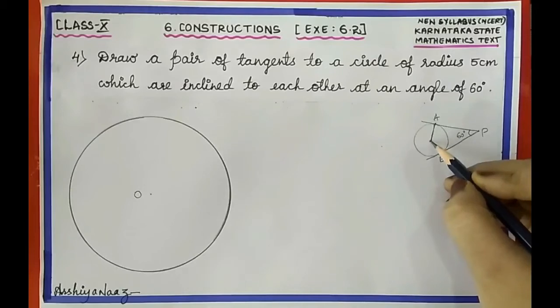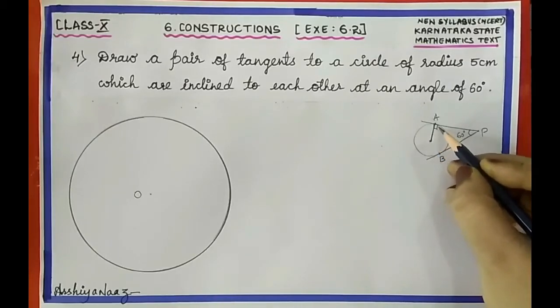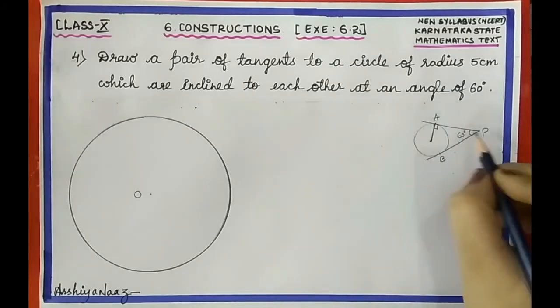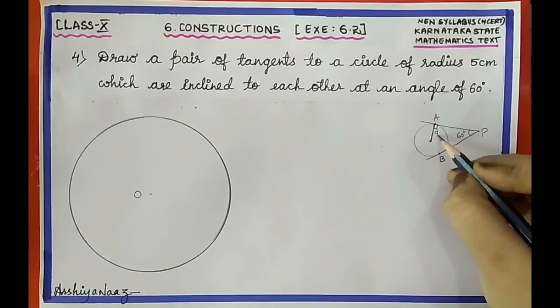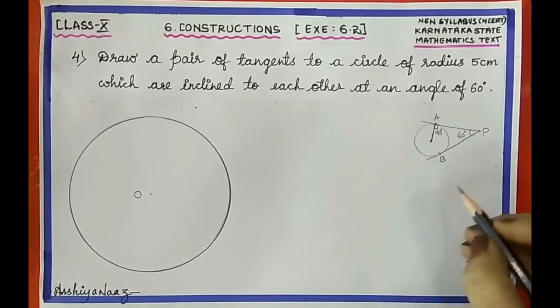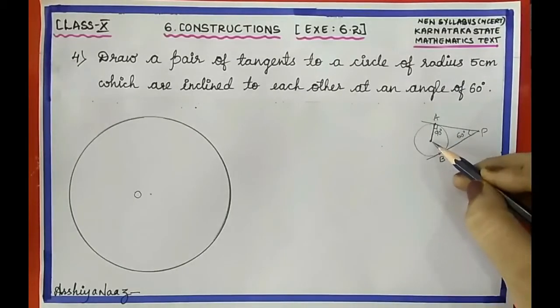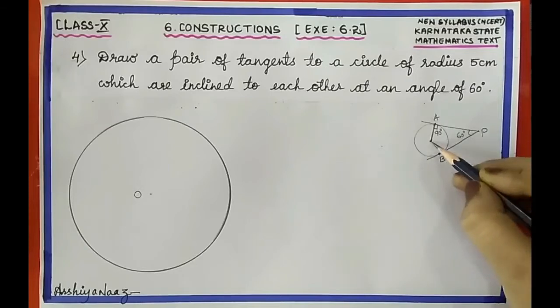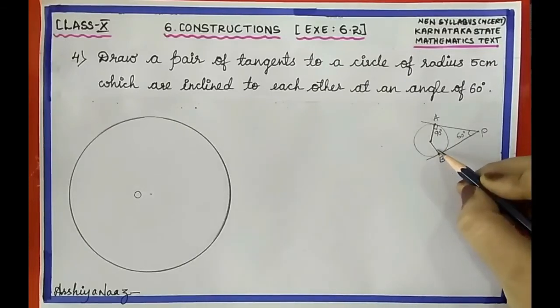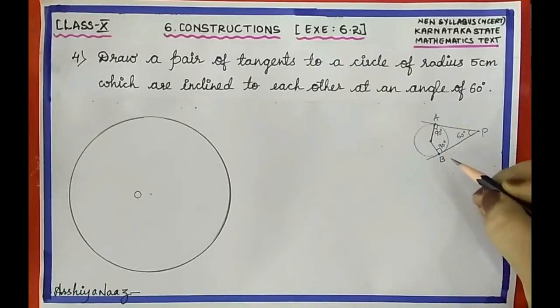But we know that radius is always perpendicular to the tangent at the point of contact. So this angle will be equal to 90 degree. So let us draw here another radius which will also be perpendicular to tangent BP at the point of contact B. So here also we get angle equal to 90 degree.